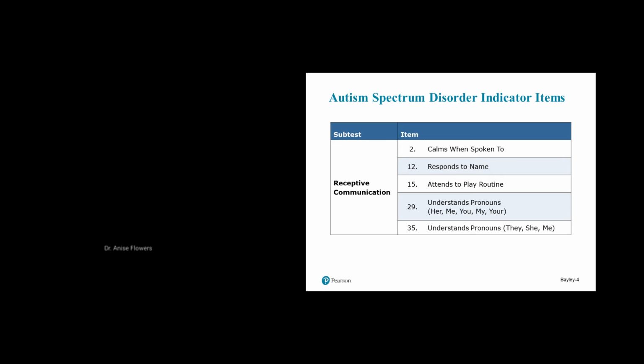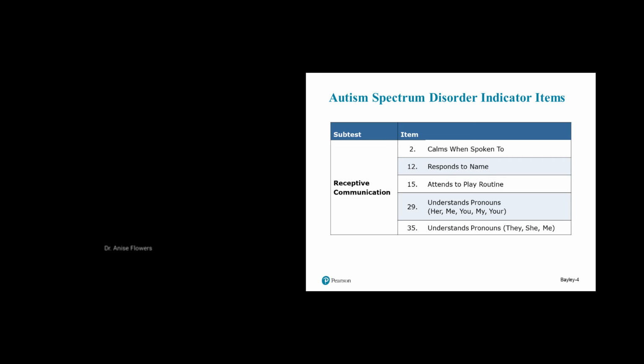So on our Autism Spectrum Disorder indicator list in the Bayley, we have number 2, calms when spoken to. Number 12, responding to their own name. 15, attends to play routines. And then the last 2 are understanding of pronouns.